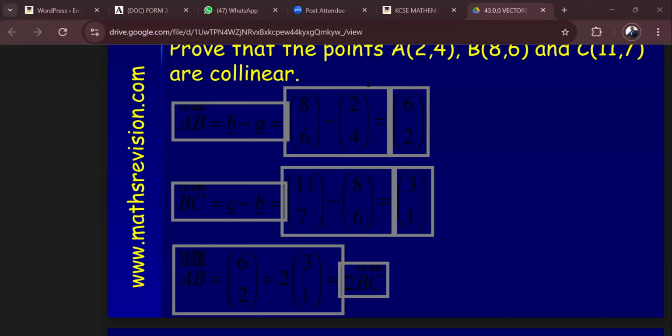Since AB is equal to a multiple of BC, the two vectors are parallel.